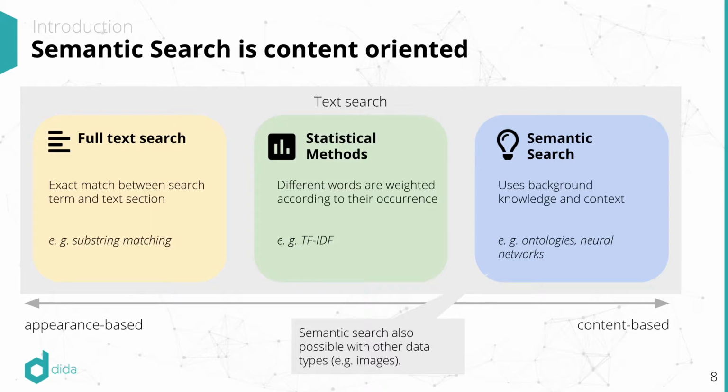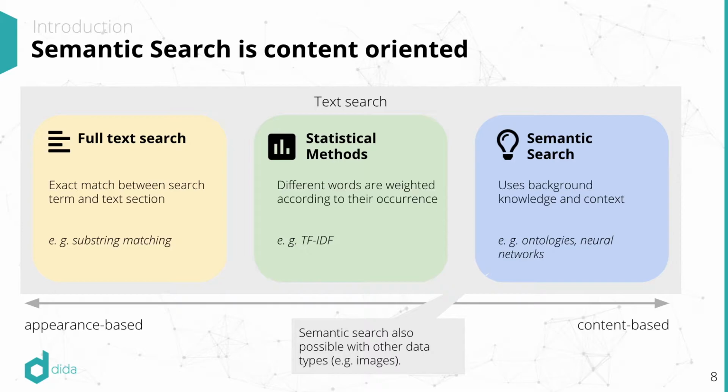An example for this could be substring matching. Then there would be statistical methods which try to somehow take into account the content of certain words. For example, one could weight different words according to their occurrence in a certain document. An example for this would be TF-IDF.